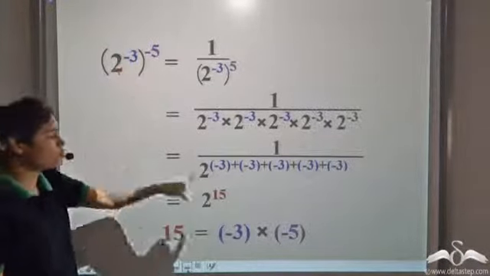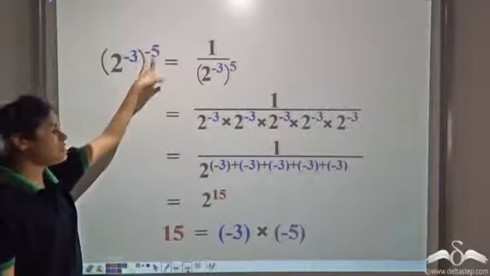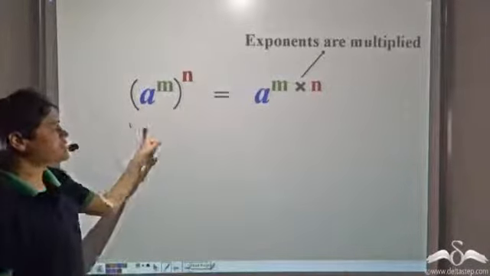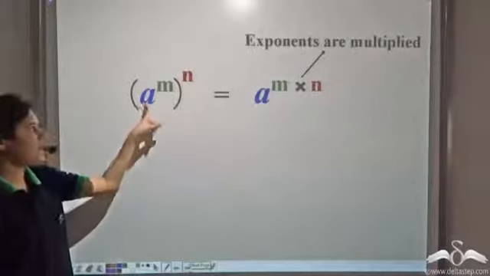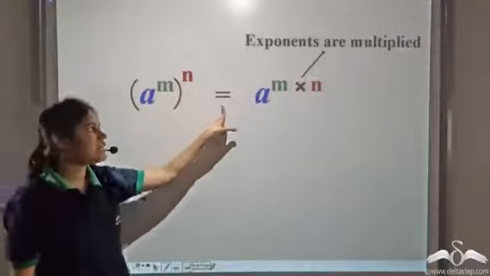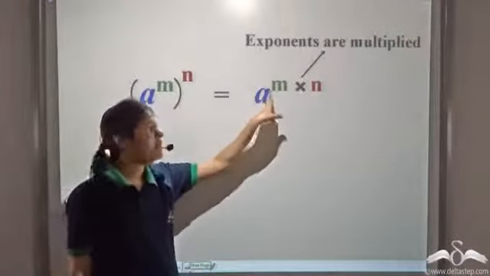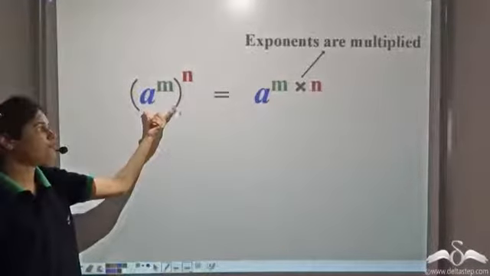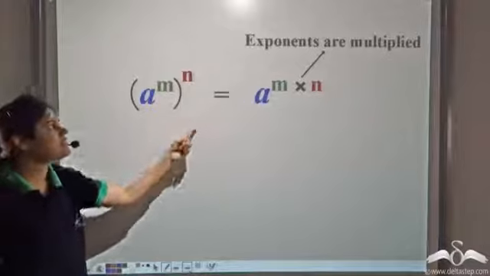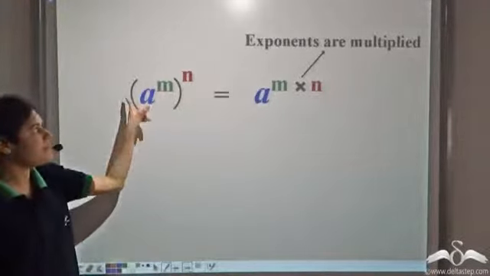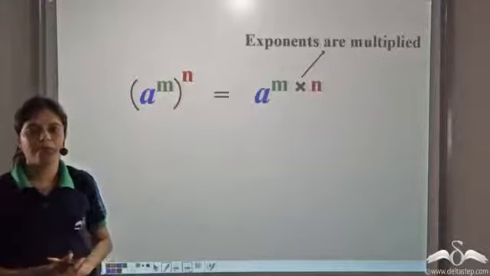So the base is 2 and these two powers are multiplied. And this gives us this law. If we have a to the power m whole raised to the power n, we can write it as a to the power m into n. This is the simplified form of this number. So this is, in general, the law for exponential numbers when they are raised to a power.